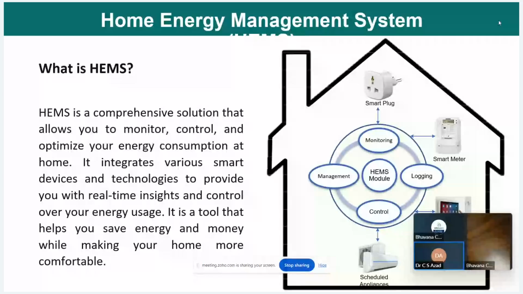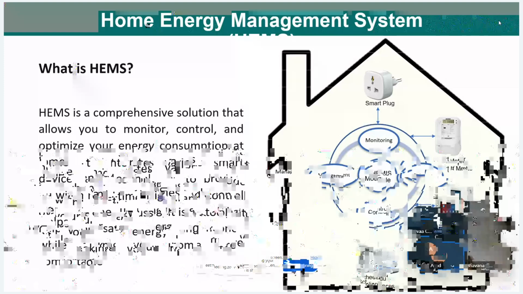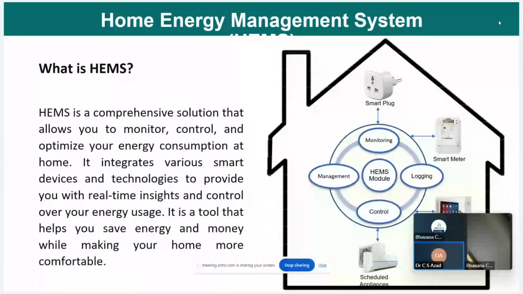And as we were discussing, all the smart devices and technology can be integrated through the smart meters and smart plugs, and based on monitoring and controlling these devices, they can be switched off and switched on.